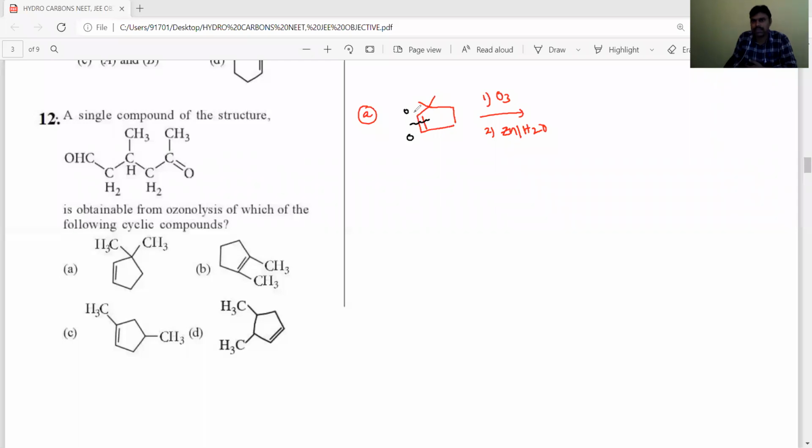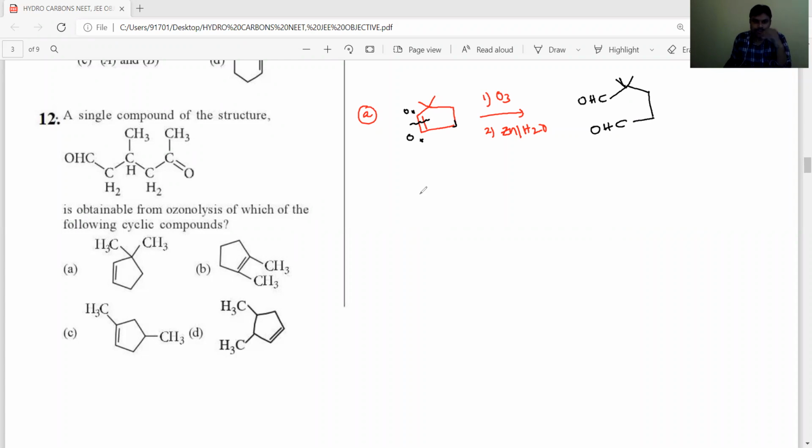See, on this side oxygen, and then the double bond breaks. This sp2 carbon is monosubstituted and this one is also monosubstituted, so both aldehyde groups will form, CHO and CHO products will form.